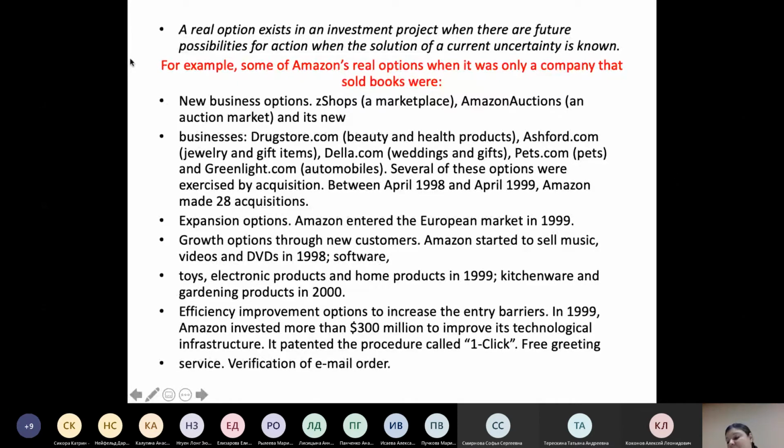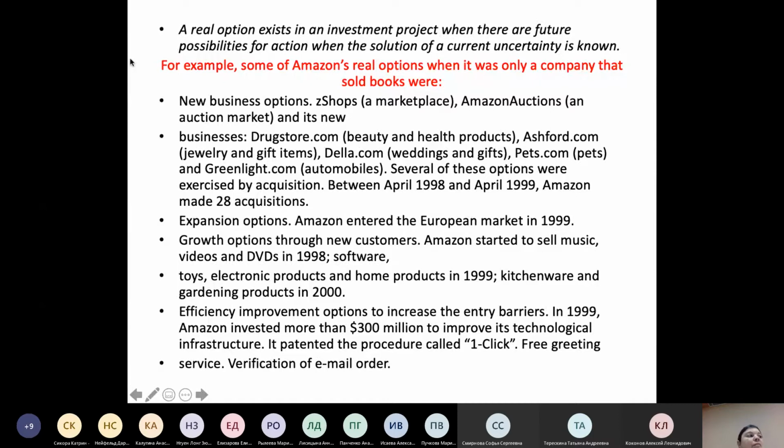And as an example of real options, an efficiency improvement option: in 1999, Amazon invested more than $300 million to improve its technological infrastructure and patent the pursuit called one-click, for greeting service, verification of email orders.